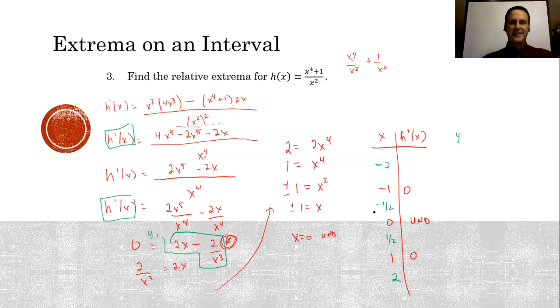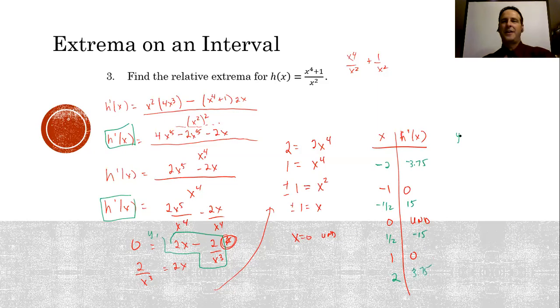I did that already, but you can plug this into your graphing calculator and do these super fast. So when you plug in -2, you get -3.75. You plug in -0.5, you get 15. When you plug in +0.5, you get -15, and 2 gives you a +3.75.